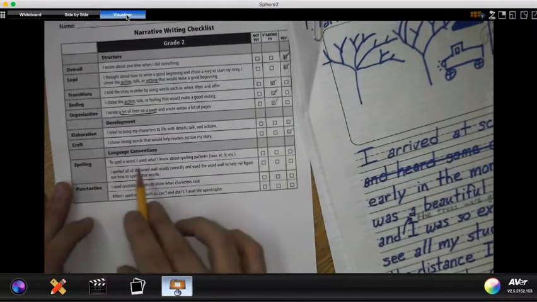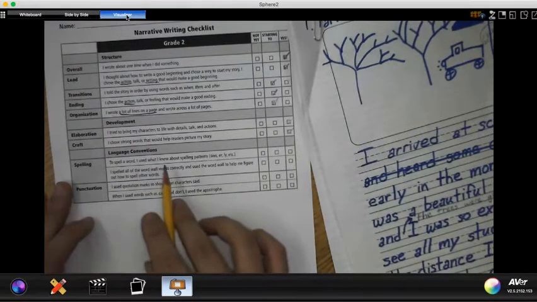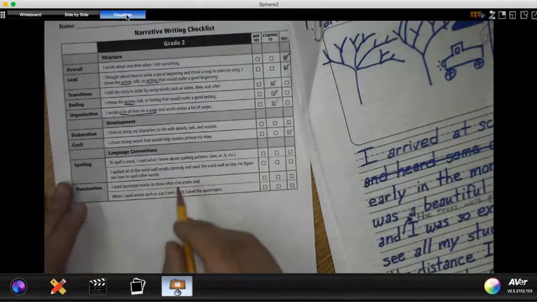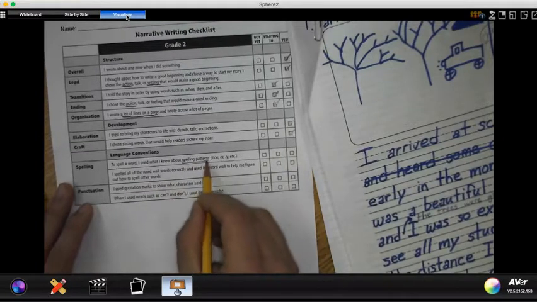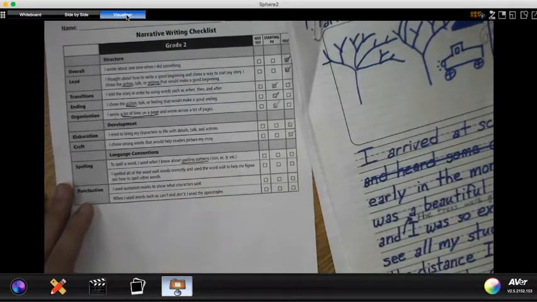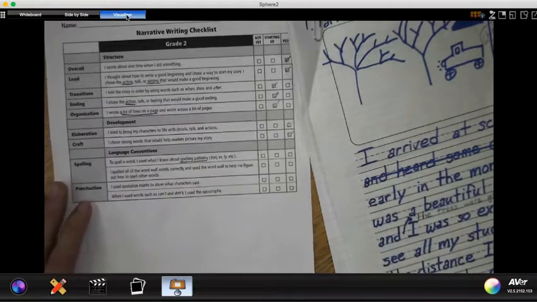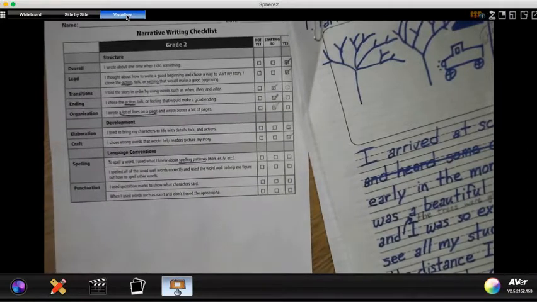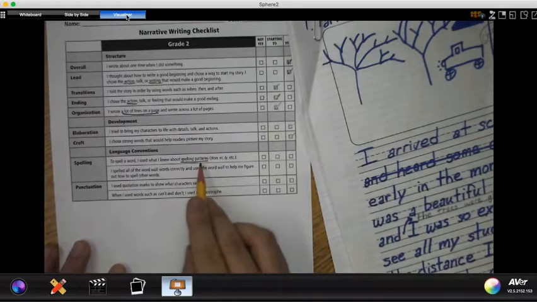Spelling. To spell a word, I used what I knew about spelling patterns. So spelling patterns is everything that we've gone over in Jolly Phonics. So some of those trickier ones, like the NGs, the oohs and uhs, and the e's and ors, the OAs, the AIs, those patterns I'm going to be looking for because that's stuff that we've learned in words.